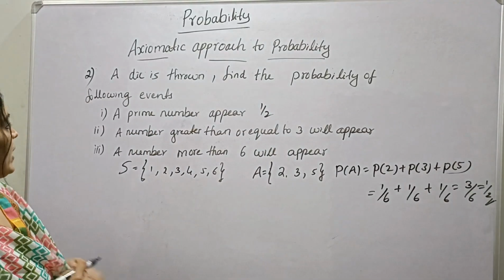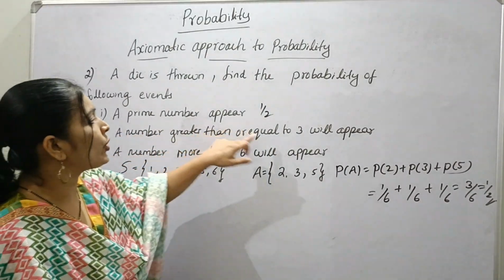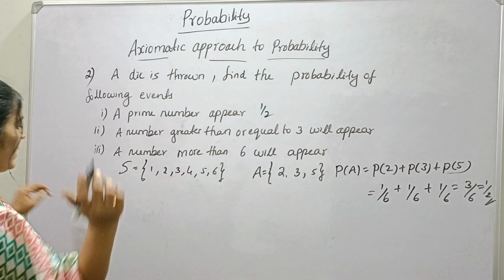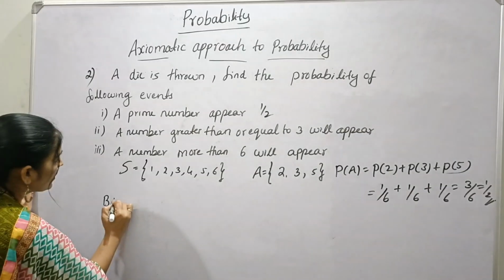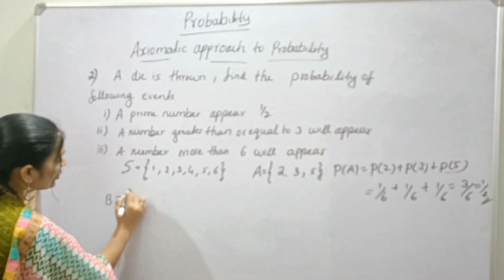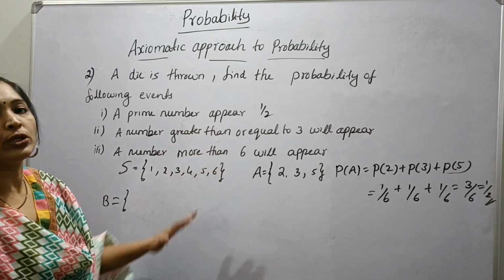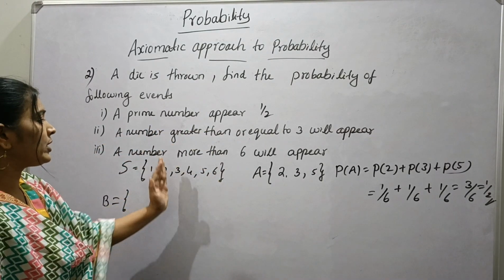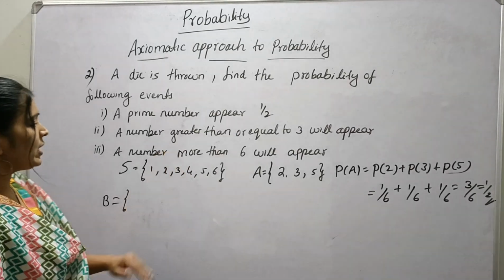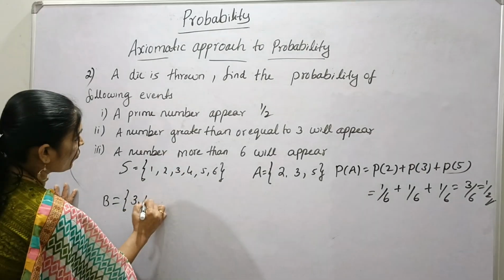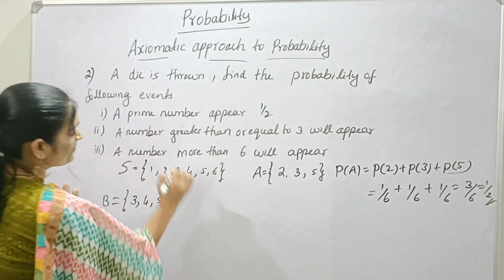Next one: a number greater than or equal to 3 will appear. Let this event be B. Greater than or equal to 3 means the numbers from 3 to 6, so B is 3, 4, 5, 6.